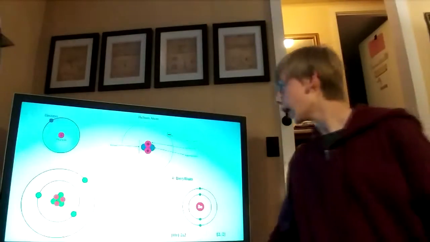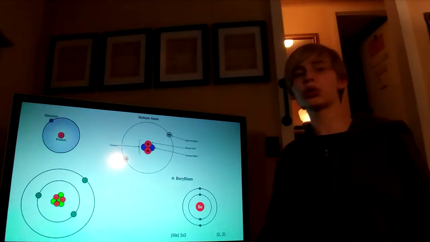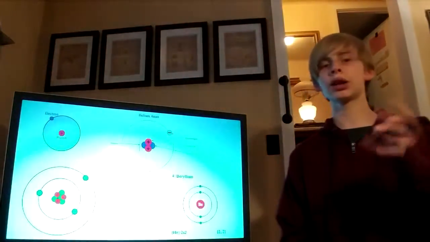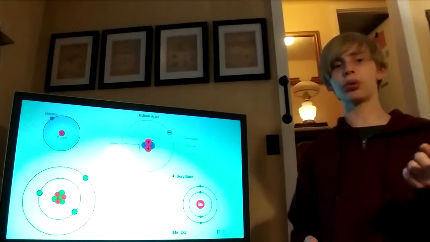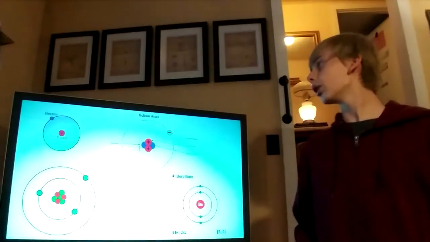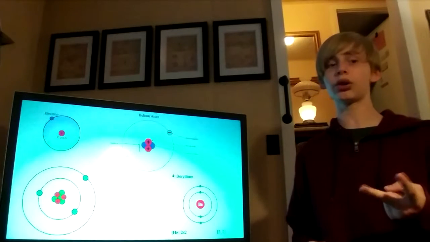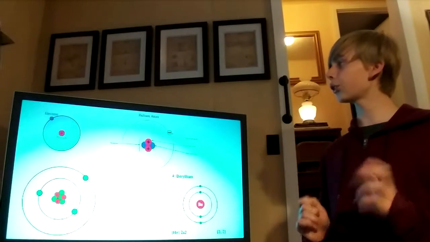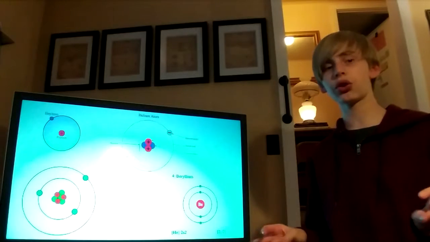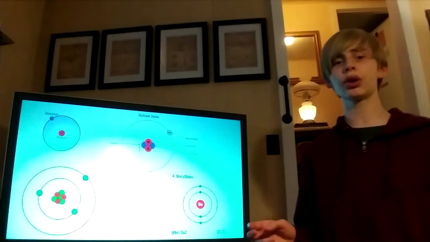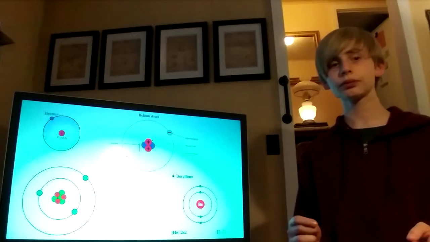Hydrogen has one electron and one proton, and that electron fills out a hydrogen atom's first electron shell. Yet the first electron shell can hold two electrons, so hydrogen likes to bond with other elements to get a second electron to fill out its original shell.